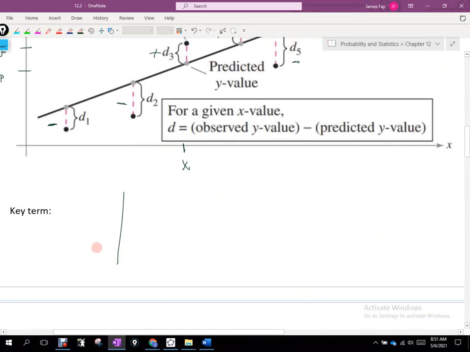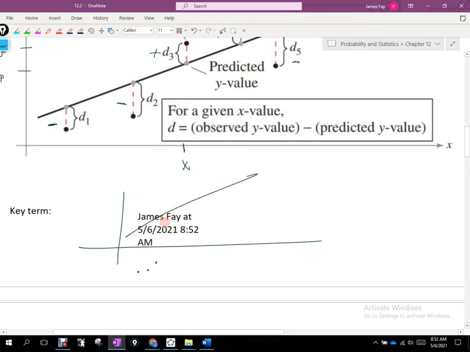If I just draw a haphazard line here, I might have a bunch of points like this that would all have small residuals that are negative. And that point right there has a large residual that is positive.